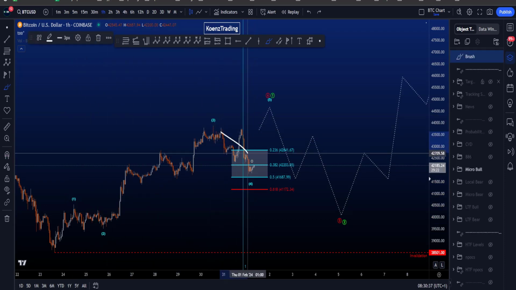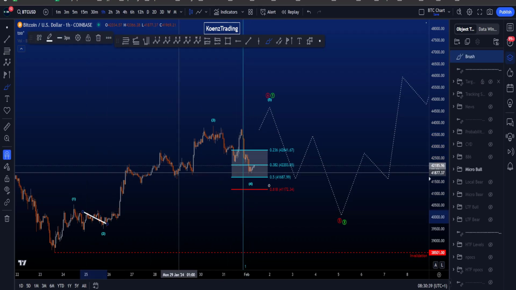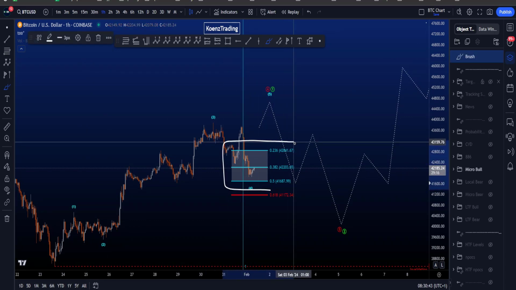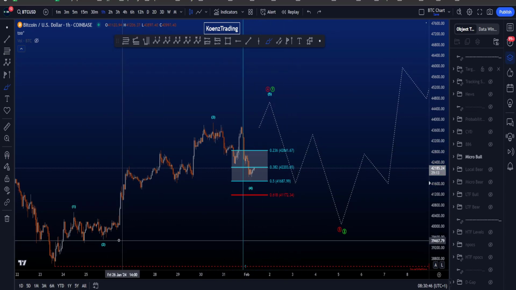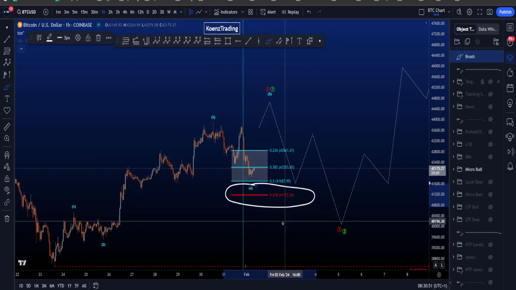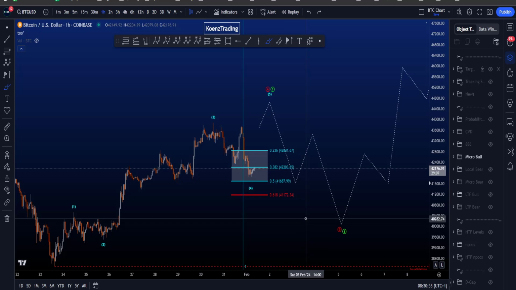And the fact that 4 now moved after this line means it's longer than wave 2. Common target for this wave 4 is the 0.236 to the 0.5 Fibonacci taken from the low of 2 to the high of 3. Invalidation is the 0.618 at 41.1k.